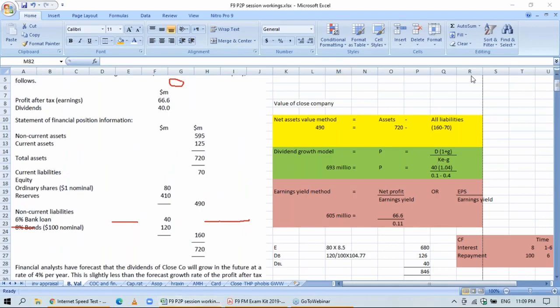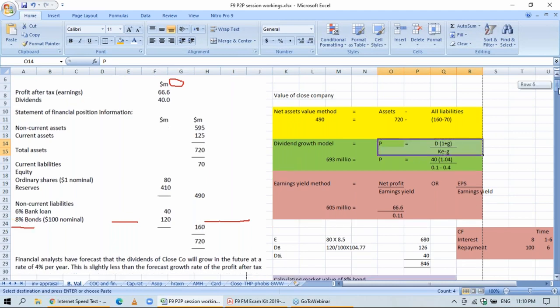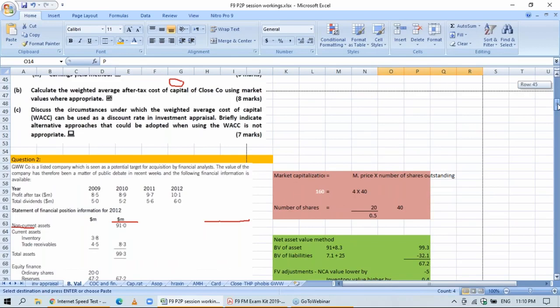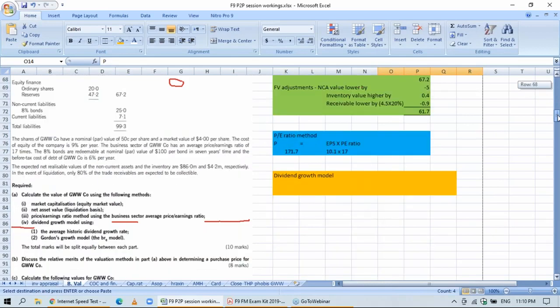The formula is D1, that is dividend times one plus growth rate, divided by cost of equity minus growth rate. Now see how I get the growth rate first. Let's look at the plug-in values first.